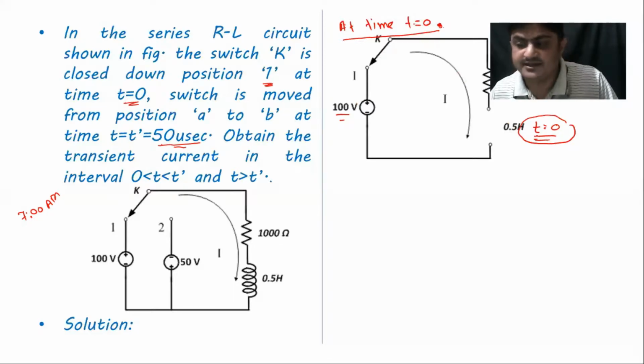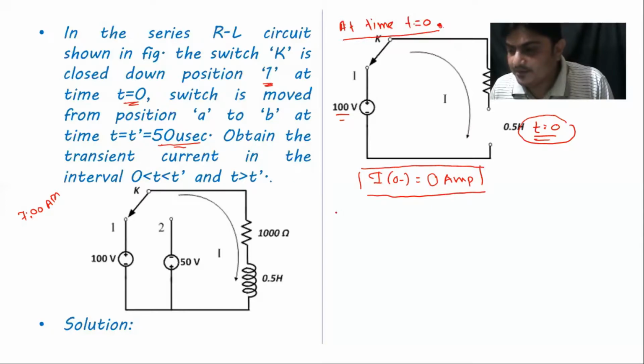Remember that this is the time when the inductor comes in contact with the energy for the first time. So if I'm going to calculate the current for this particular case, what can I obtain? I can obtain I0 minus. How much is I0 minus? This is open circuit, so I0 minus is equal to 0 ampere.